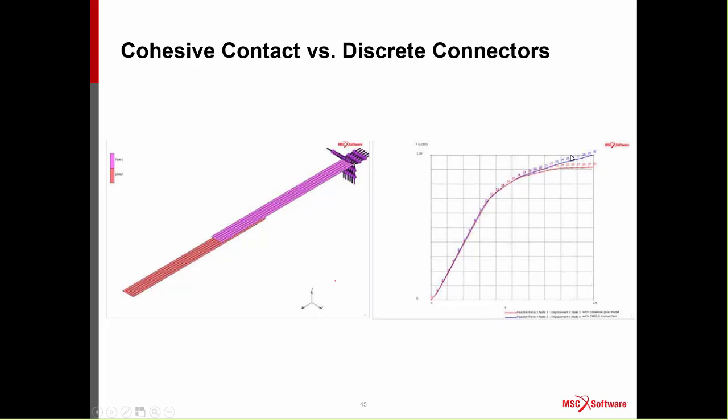And effectively, the blue line, based upon the C-welds, would have resulted in our load deflection curve. And now using our cohesive contact, we would have gotten that particular behavior. And of course, if we would have done glued contact, we would have gotten an even higher resultant load in the simulation.